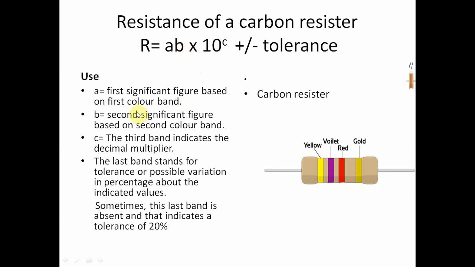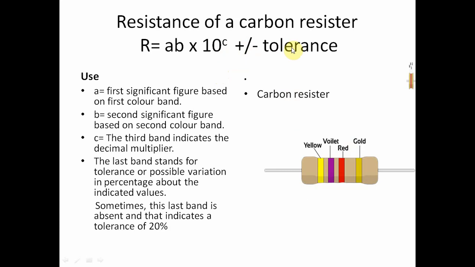Similarly, B is the second significant figure, obtained from the second color band, into 10 raised to power C. What is C? C is the value indicated by the third band, here it is red, plus or minus tolerance.